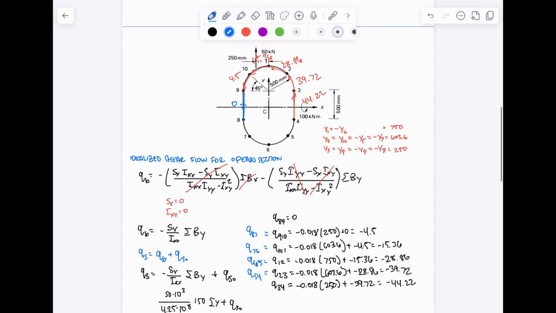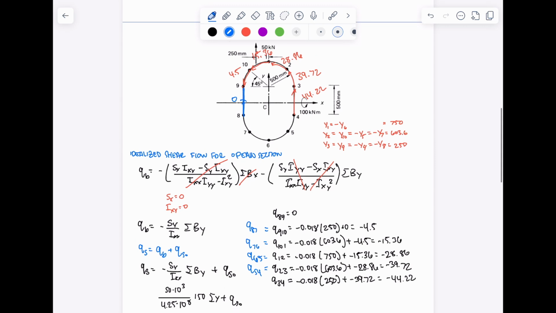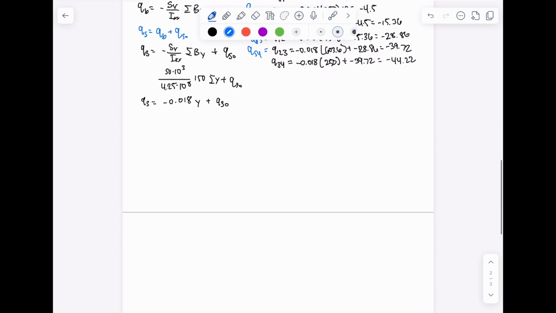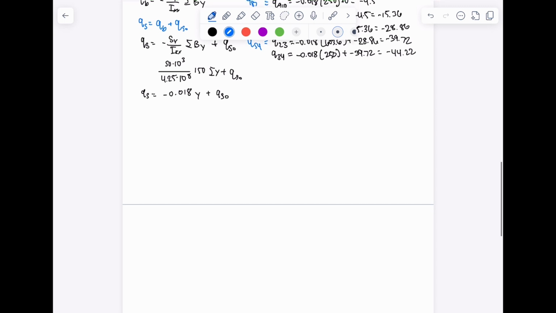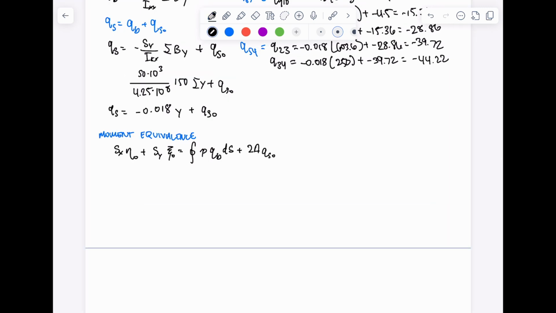shear flow, but we need to find the correction shear flow for all of them now. We solve for a geometry that is open, even though this is a closed geometry. So what we need to do is solve for a shear flow of 8 to 9, because it's not equal to 0. So to solve for that, we need to use the moment equivalence equation. This is the equation for the moment equivalence equation.